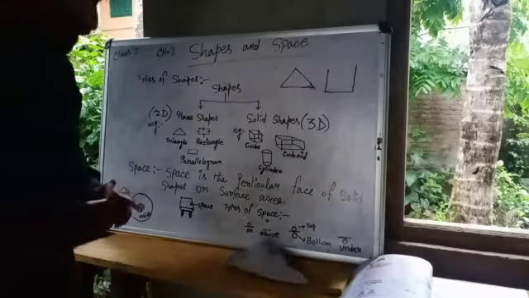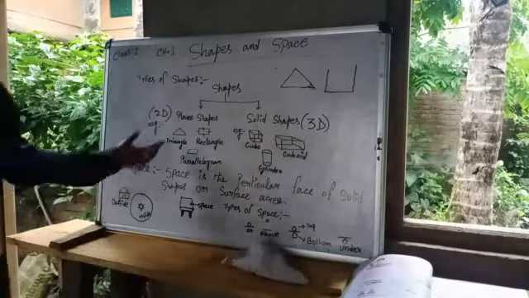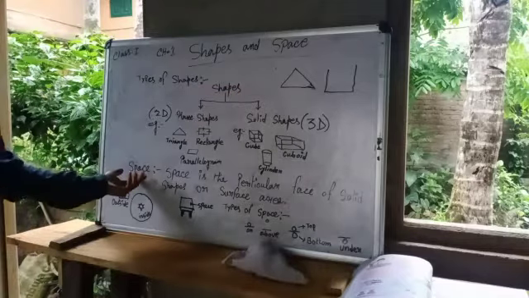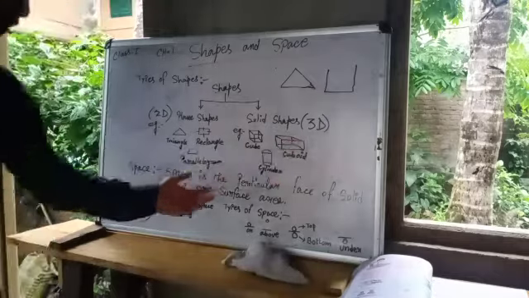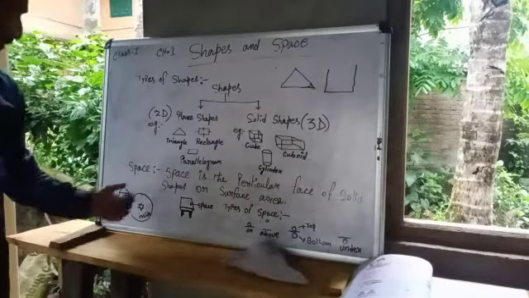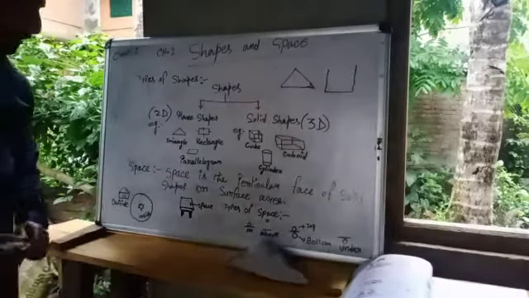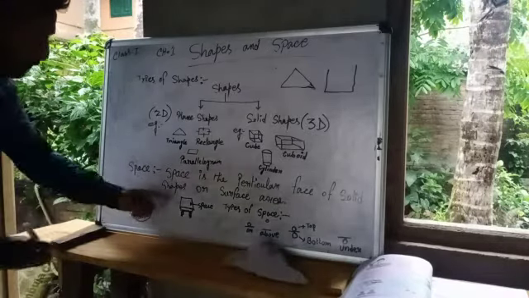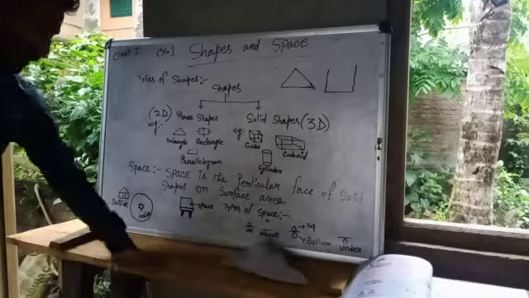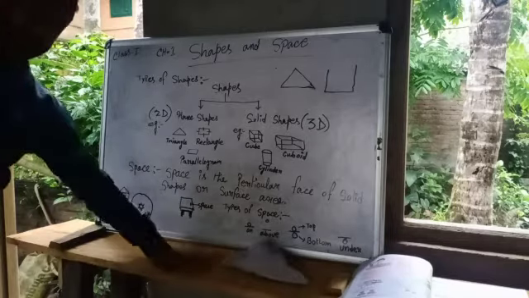After that, shapes are related with space. What is space? Space is the particular face of a solid shape. There is also a space or surface area there.